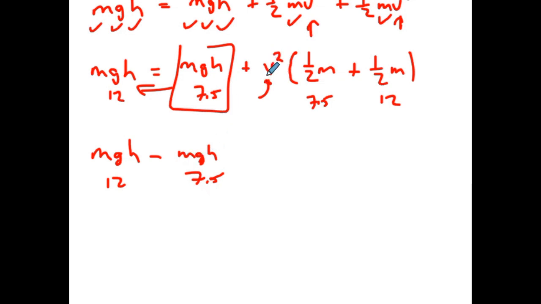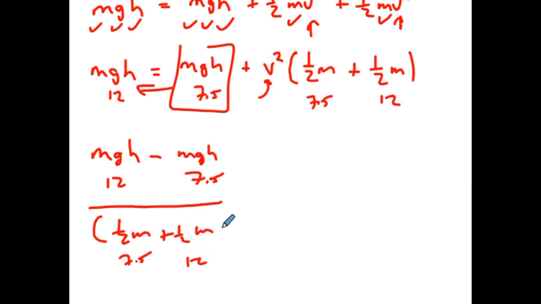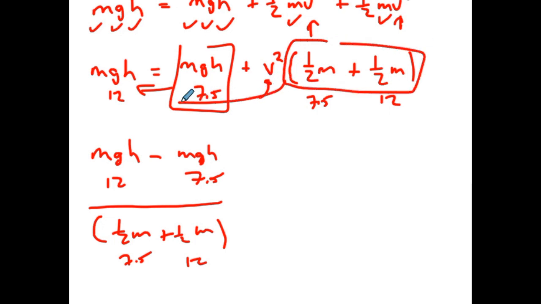However, we still need to isolate for this velocity here. So then I need to divide by, in brackets, 1/2 of mass for 7.5 plus 1/2 of mass for 12. And if I divide this whole term to the denominator of the other side, I will finally have v squared. For the last step, if I then square root everything, I will now have v.